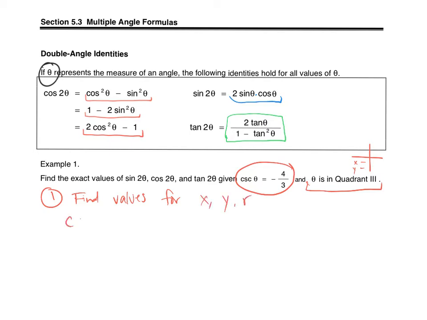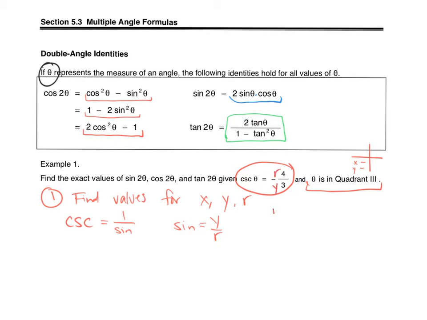Cosecant is 1 over sine. Sine is y over r. So cosecant of theta is r over y.